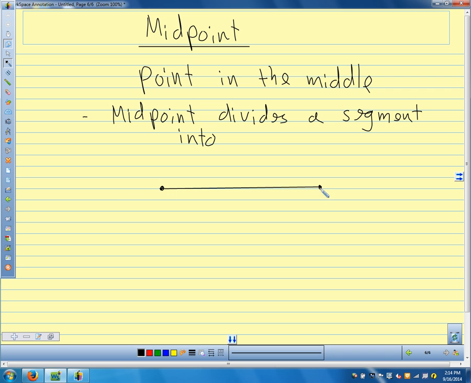Here's my segment. Here's my midpoint. It's a point in the middle.